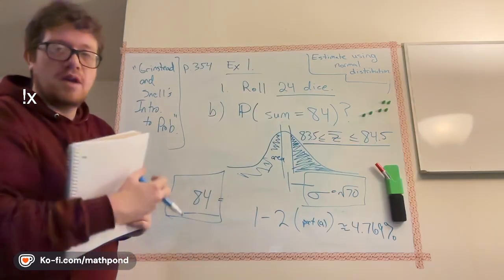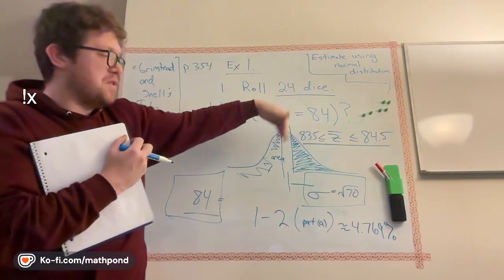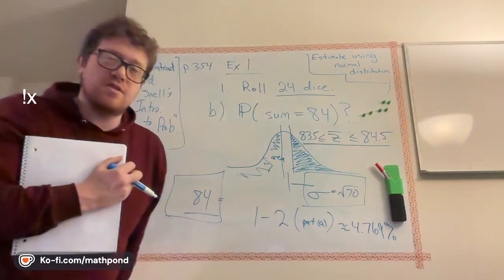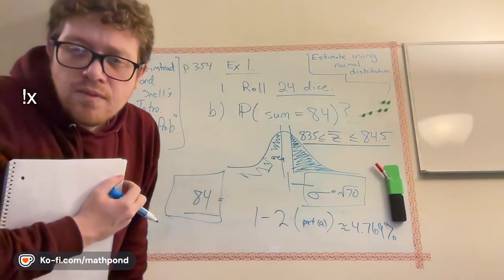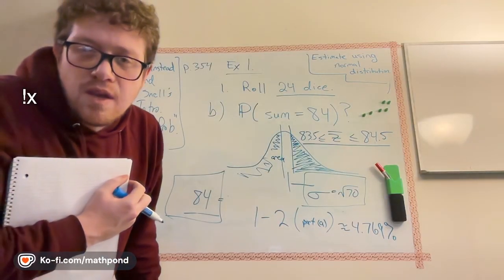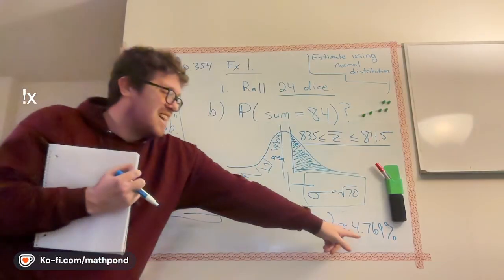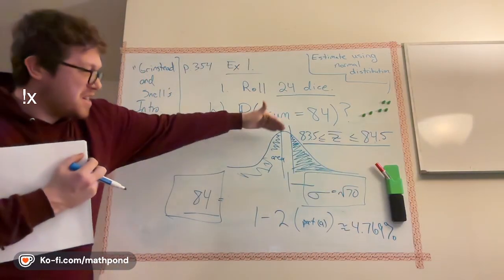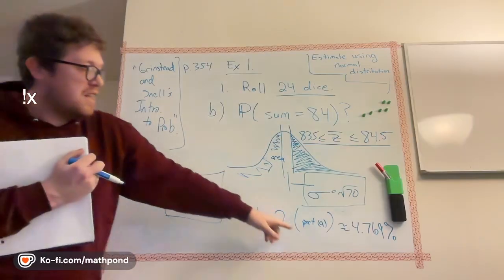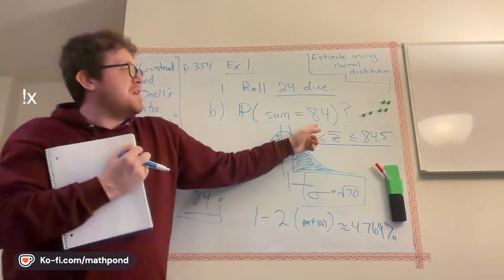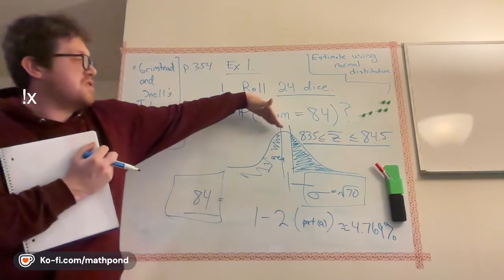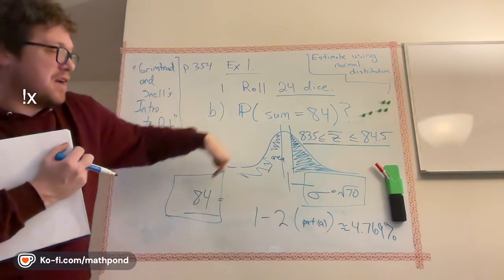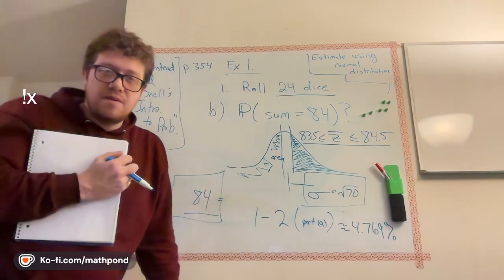And everything away from 84 is even smaller than this, right? This is the highest number, and then they drop off exponentially fast. So only the numbers that are really close to 84 are anywhere near this, and the other ones are exponentially decaying towards 0.